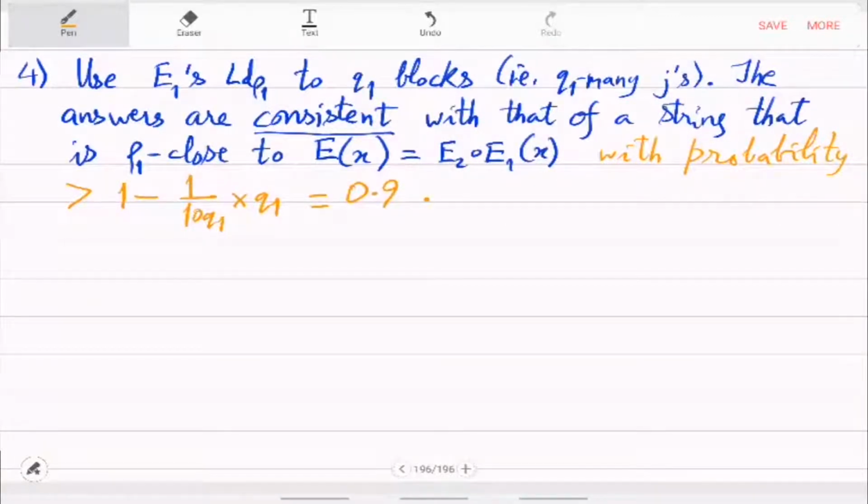So with this much probability, E1 will be able to, the answers will then be correct for how many of these blocks? So that we can write here.